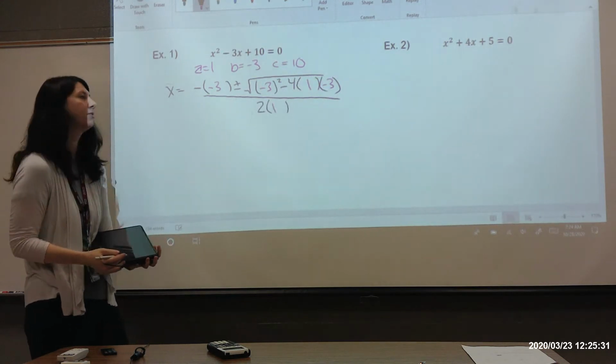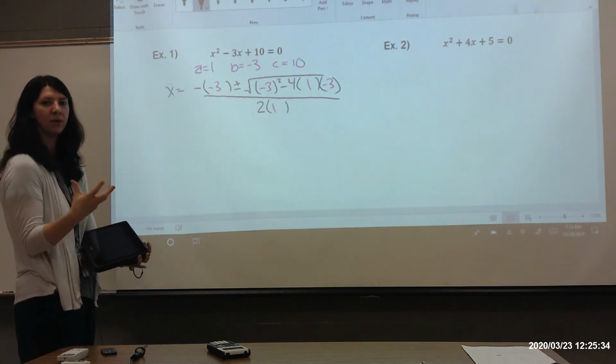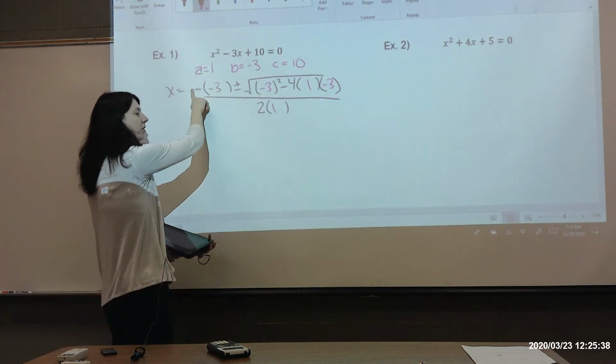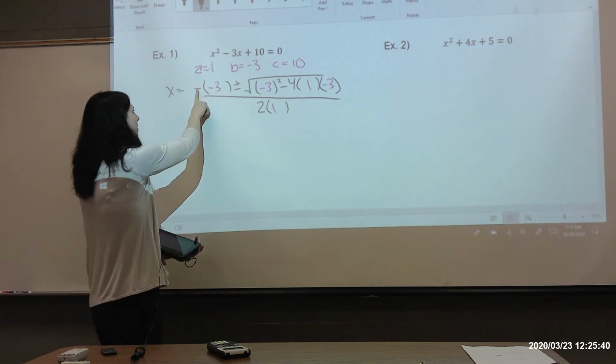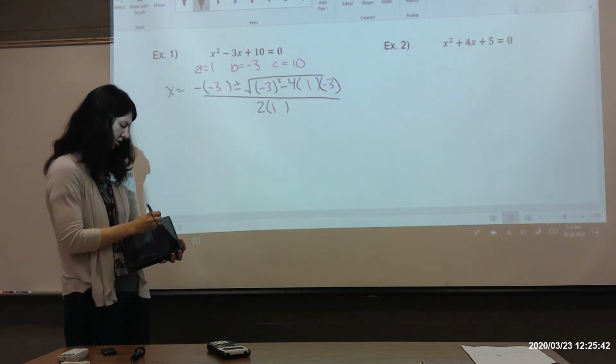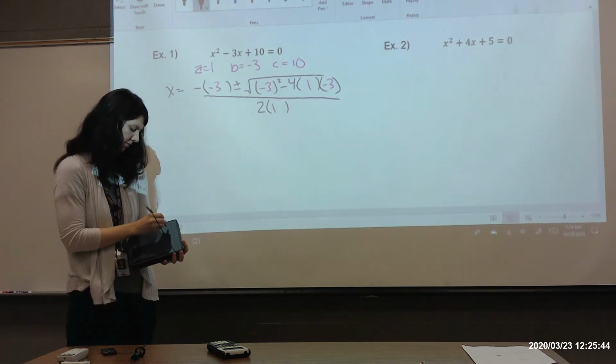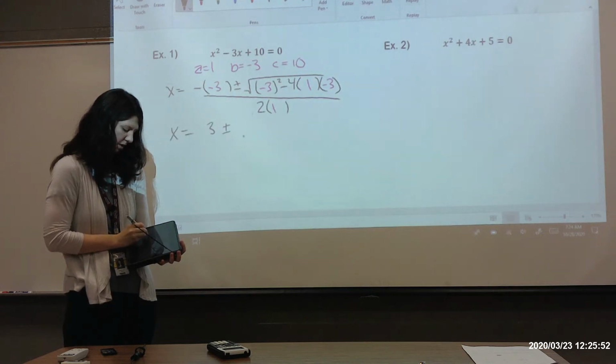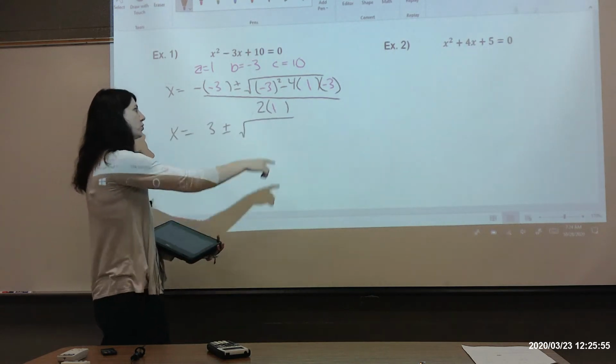Okay, we're going to start simplifying now. So remember, we have 3 areas that we can simplify before we're able to write our final answer. We have this in front. You always check for those double negatives. So a negative times a negative 3 is just a positive 3. And then we need to evaluate our discriminant.